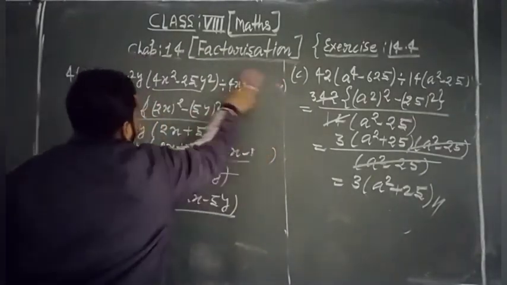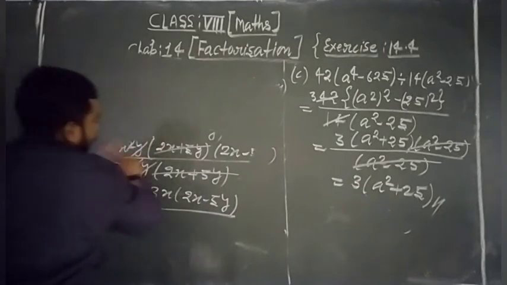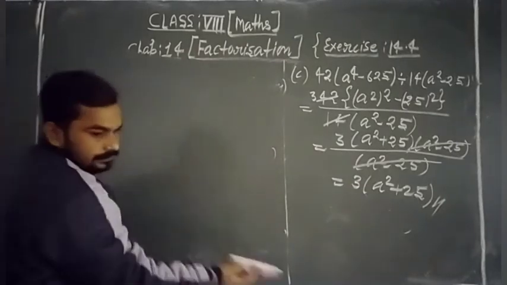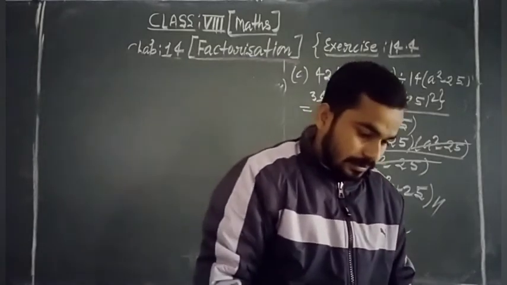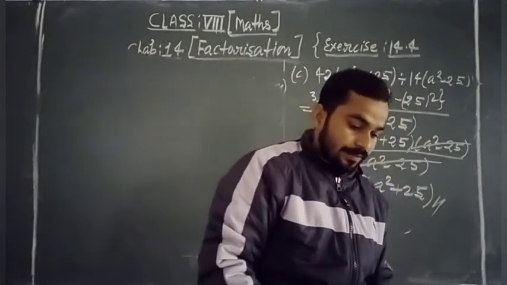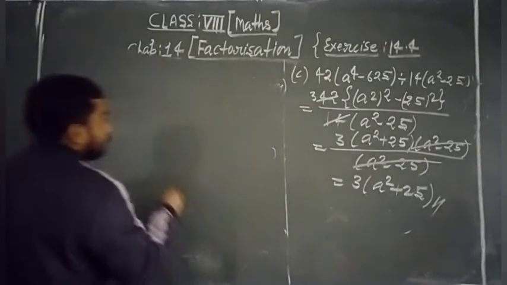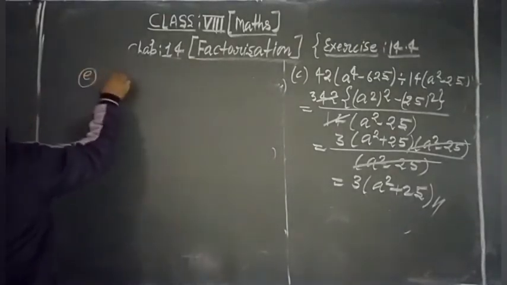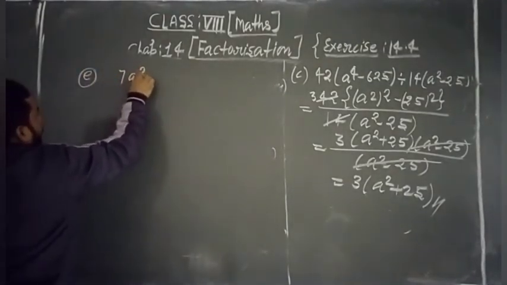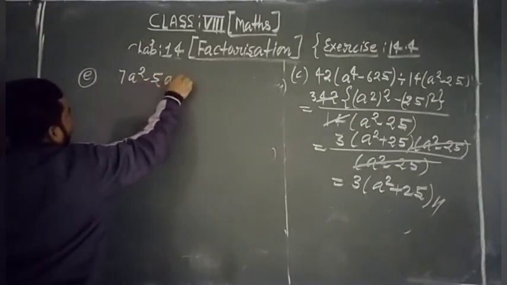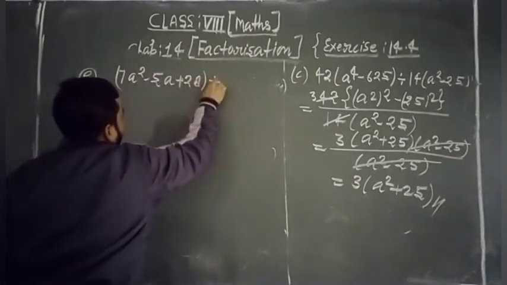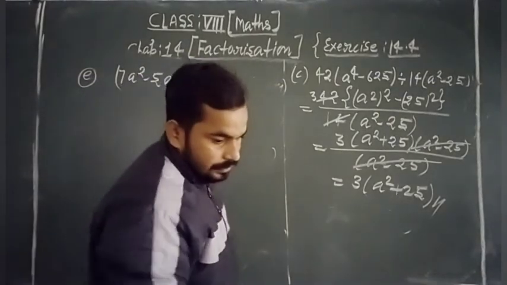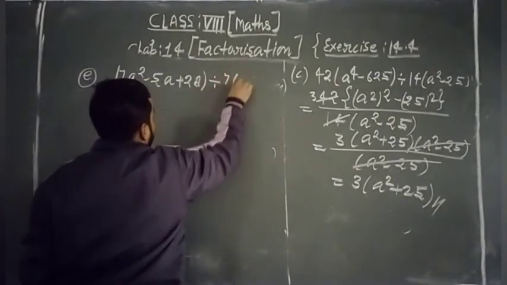Now the next part, E part: 7a square minus 35a plus 28, divided by 7 bracket a minus 1.